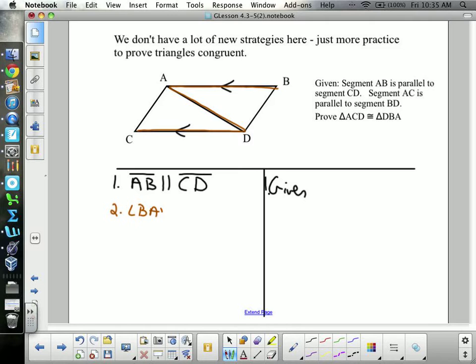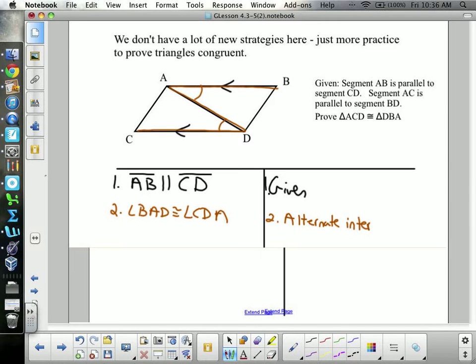Angle BAD is congruent to angle CDA. So that's one angle pair that we've got there. What's the reason? What kind of angle pair is that? Alternate interior angles are congruent, or alternate interior angles theorem.